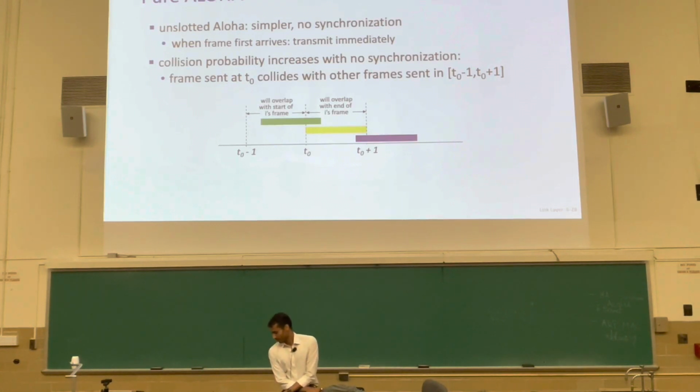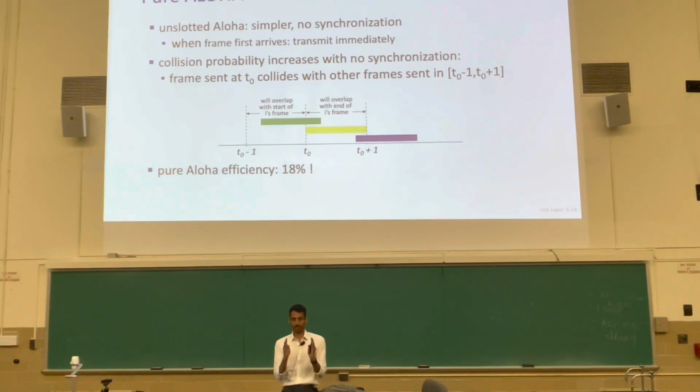So in this example, it shows you how the green frame is colliding with the yellow frame, and the yellow frame is colliding with the purple frame, right? And we can compute this probability, this efficiency, by a very simple modification of the math in the previous slide, which the textbook shows you.